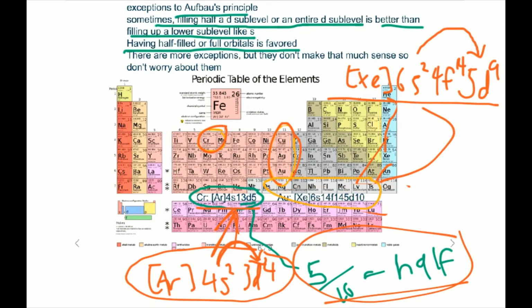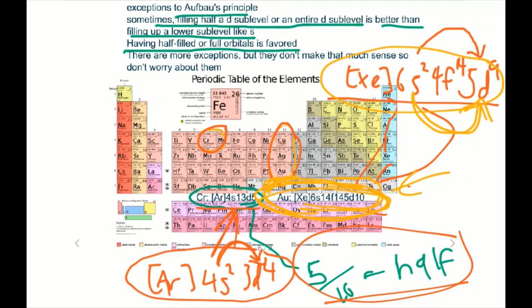So wouldn't this, circled in yellow, which is the actual configuration for gold, be known as an excited state since the 6s electron transferred itself into the 5d sublevel? Well, not exactly, because as a matter of fact, the electron configuration circled in yellow is actually lower in energy than this one, because even though the 6s electron transferred itself to a higher energy orbital such as the 5d orbital, this has lower energy.